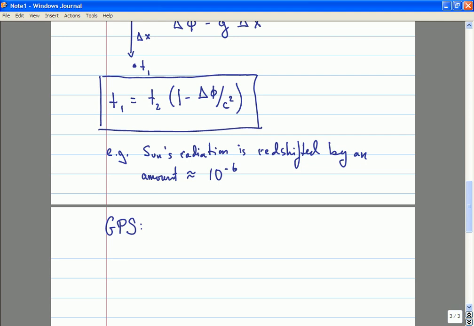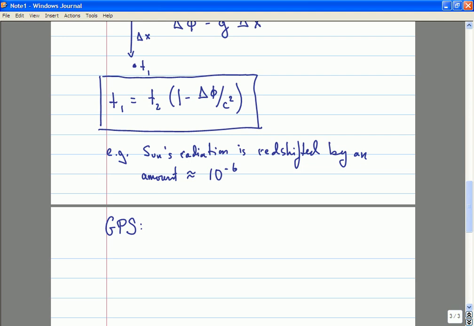But of course, in order to know where the satellites are, you need to know what time it was when they sent that signal. And so these GPS satellites all have very, very accurate atomic clocks that are giving you a very, very accurate time signal. And it turns out that in order to get the 1 meter, 5 meter accuracy that you have in a GPS signal, you really need to take into account the force of gravity.